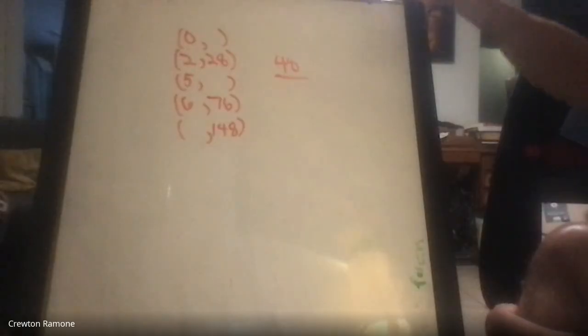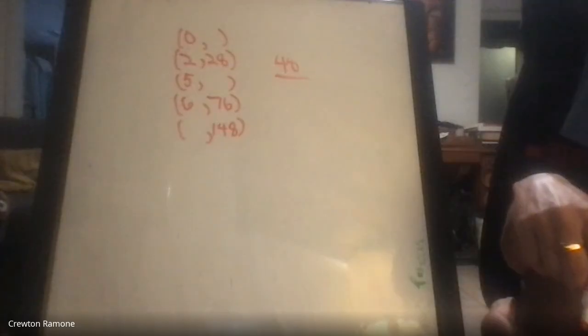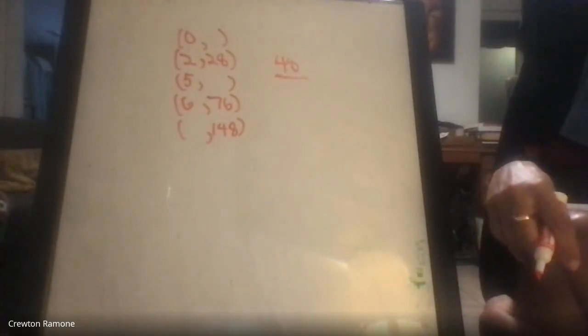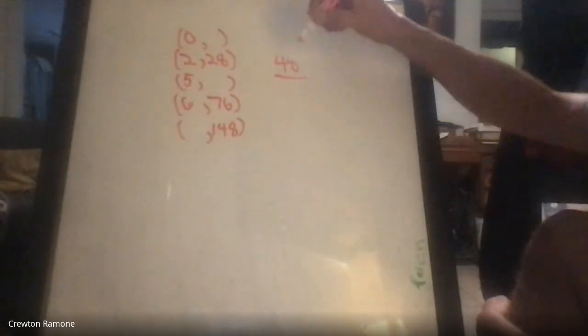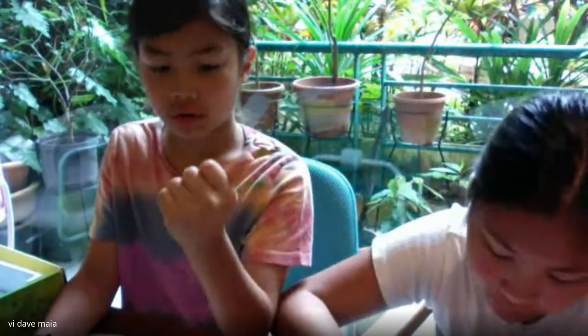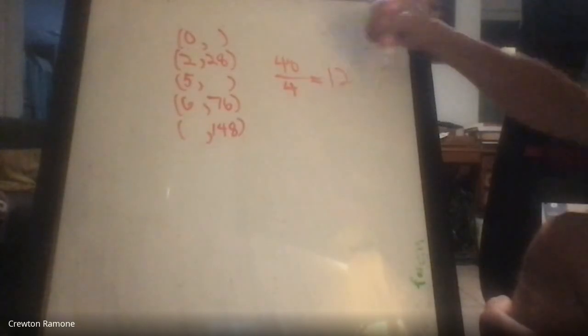What's the difference between 2 and 6? Oh, come on, David. 4. So it's 12 cakes per hour. They make a dozen cakes every hour.